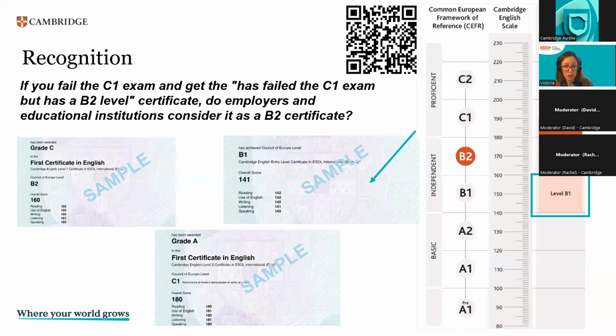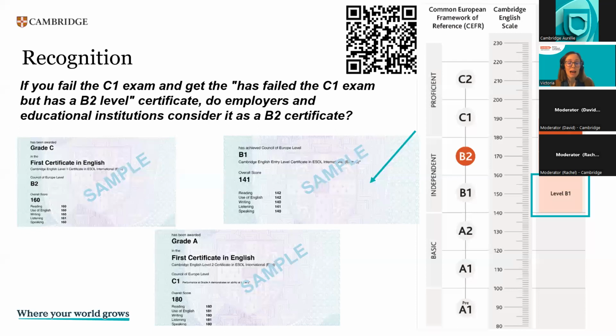In terms of the recognition, it's important that you check with the recognizing organization that is going to accept your certificate, because there are different requirements. These requirements are set independently, and it's important that you are aware of these requirements before registering for the exam.